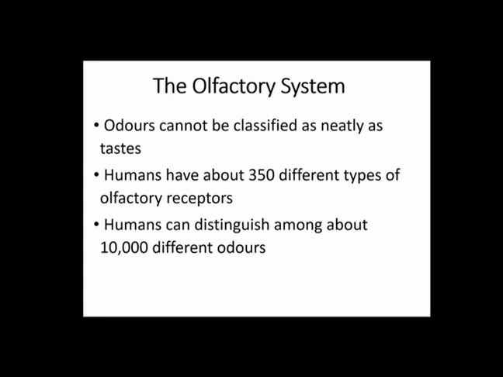There's still going to be a combination of receptors that activate in response to any given type of scent, because, as it says here, we can distinguish between about 10,000 different odors. So we don't have one receptor for each odor we can identify, so there are going to be multiples being activated.